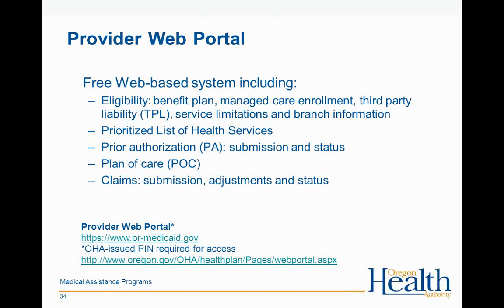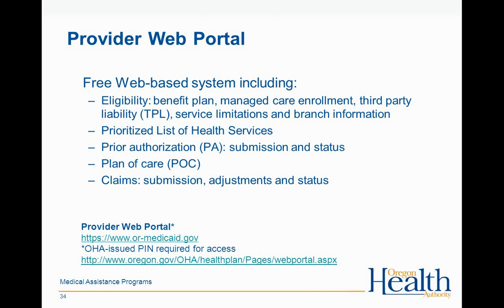The prioritized list of health services is on the provider web portal, and you can look up a diagnosis code, a procedure code on a specific date of service and see whether or not those codes are paired and whether or not they're funded. We also have prior authorization, plan of care, and claims available on the provider web portal.